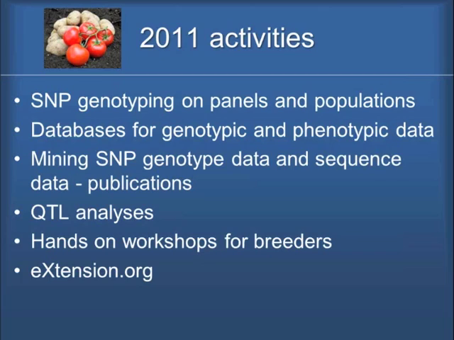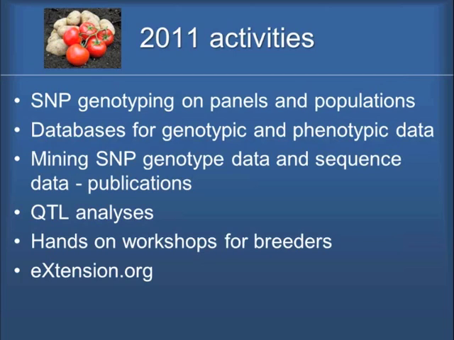We're working on the databases, and we're working on the publications. We're going to move to the QTL analyses, and we want to have a hands-on workshop to help people work through things. And also, we have the eextension.org site. Maybe when Dave Francis is talking, he can just take a minute and update people on that.